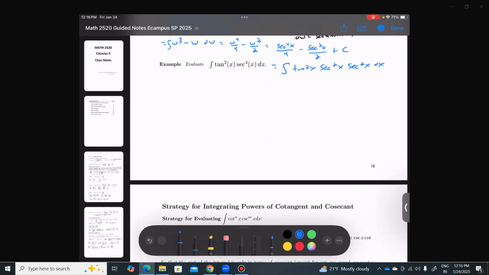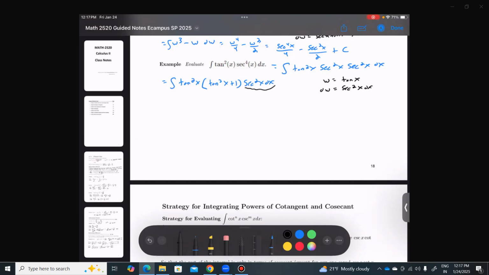And then we'll make one of the secant squared x into tangent squared x plus 1. And then we'll let w equal tangent x, dw equal secant squared x dx. So this is our dw.